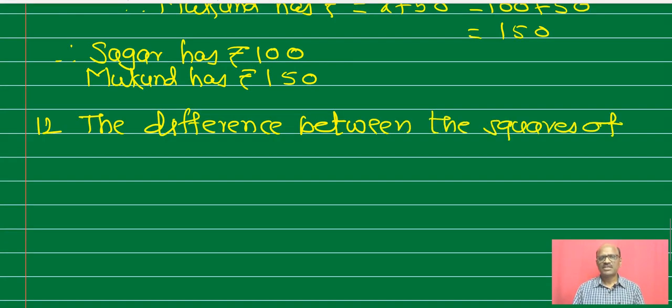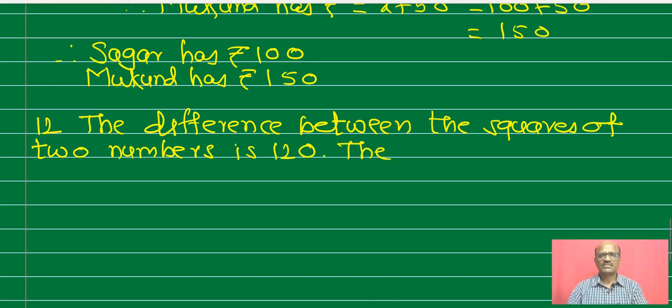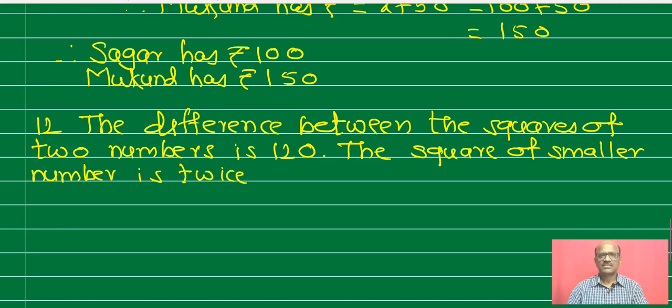Now the second example, example number 12. The difference between the squares of the two numbers is 120. The square of the smaller number is twice the greater number.